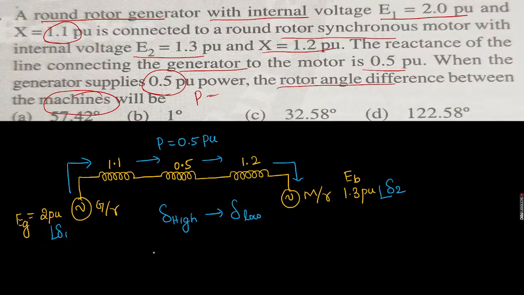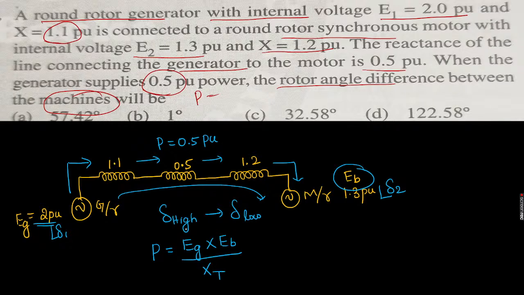Now, how will you write down the power flow equation? The power formula can be written as the induced voltage into the transmitted voltage to the receiving end. What is the transmitted voltage now? That is back EMF. Divided by total reactance offered by this line into sine of the phase angle difference, that is high value minus low value.